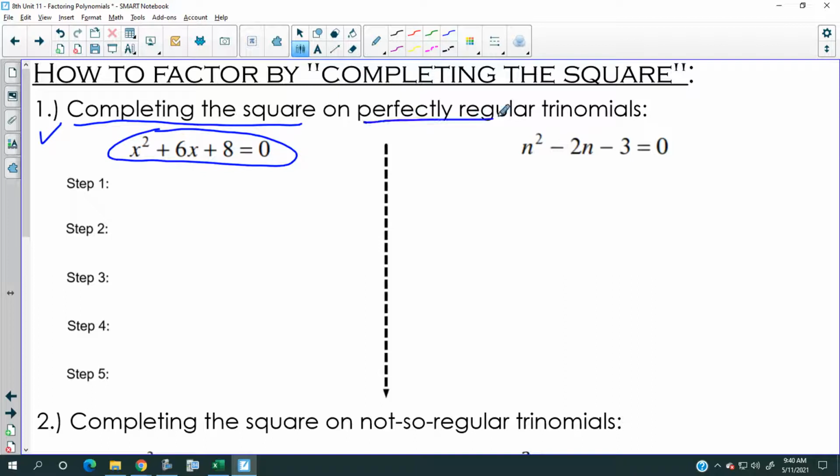perfectly regular trinomials, because I want to show you the technique first before we get into all the square roots and stuff. Remember, the only reason we're really using completing the square, besides the fact that on the Regents they make you do it, is that we don't have whole number solutions, and that's why we have to resort to completing the square.